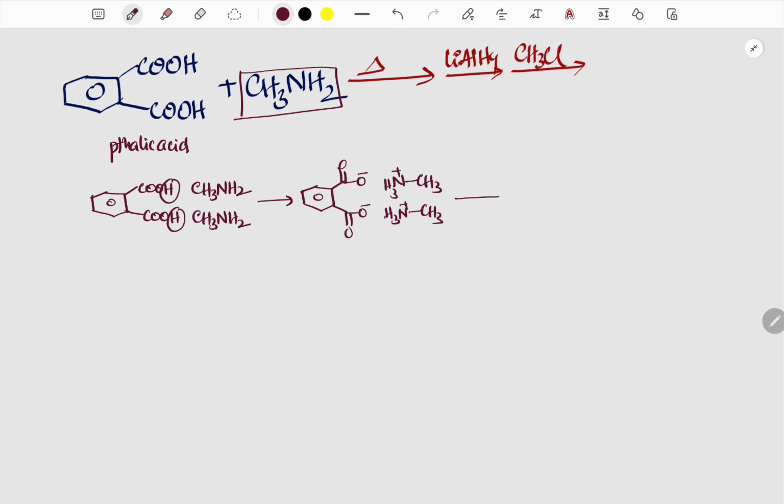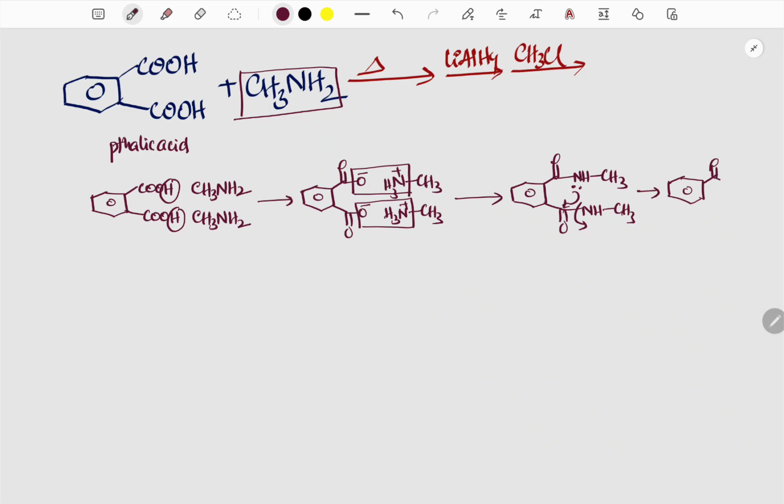Now the salt undergoes dehydration and forms the corresponding amide, which undergoes nucleophilic substitution, and finally it gives the corresponding cyclic compound like this.